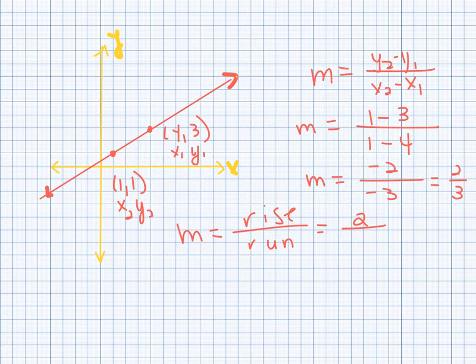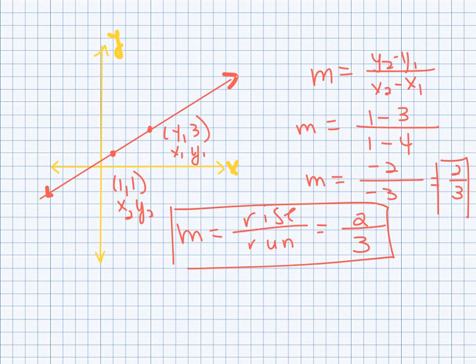So I'm going to write 2. But I also have to run 3. So up 2, and then 1, 2, 3. I'm going to run 3. See, so by looking at the graph, I can get the same answer. It's just that you're not always going to have the graph. So these are 2 options depending on what it is that you are given.